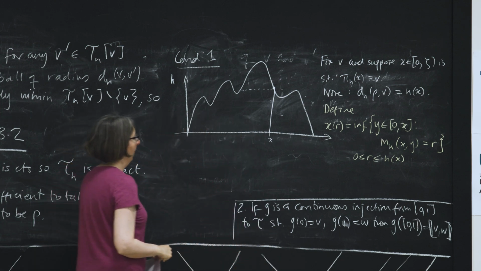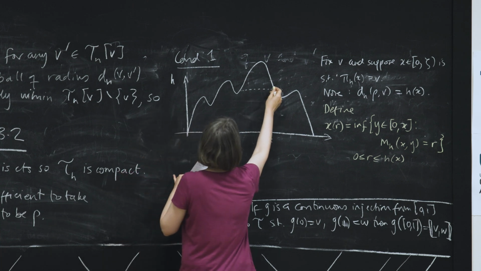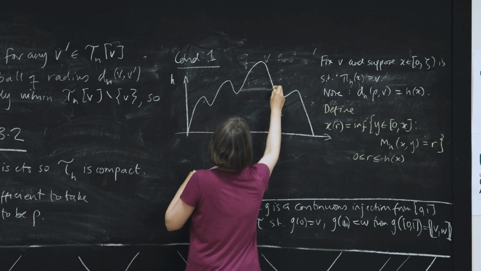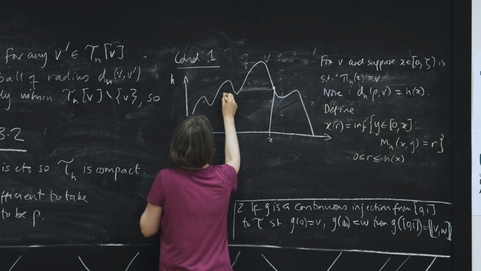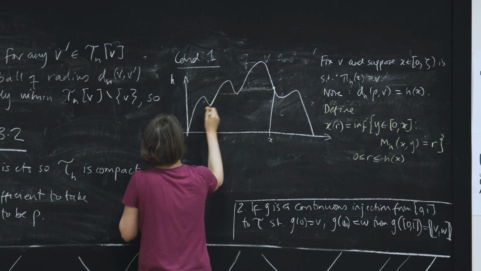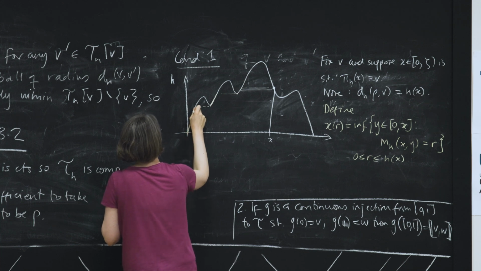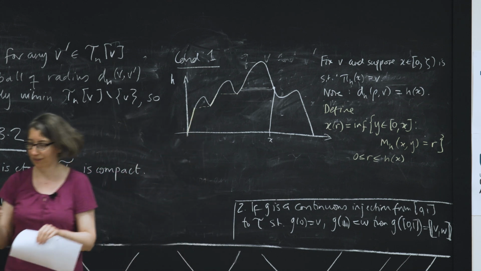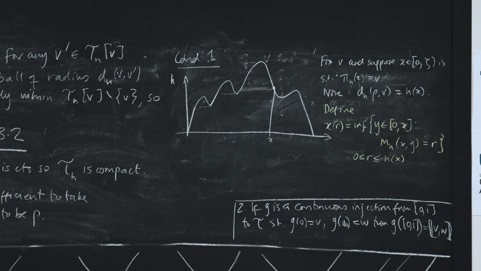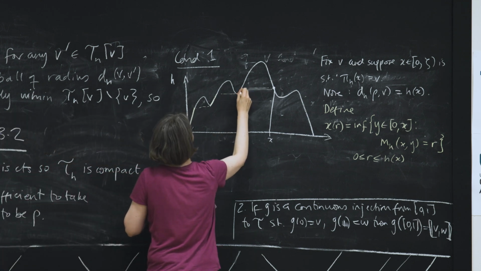So let me try and draw x of r. Is the yellow visible, or should I use a different colour? Maybe let me try doing this with red instead. Oh, that's better.